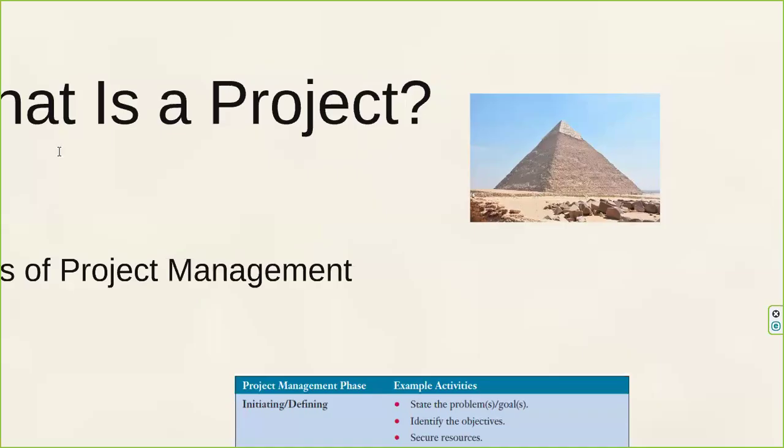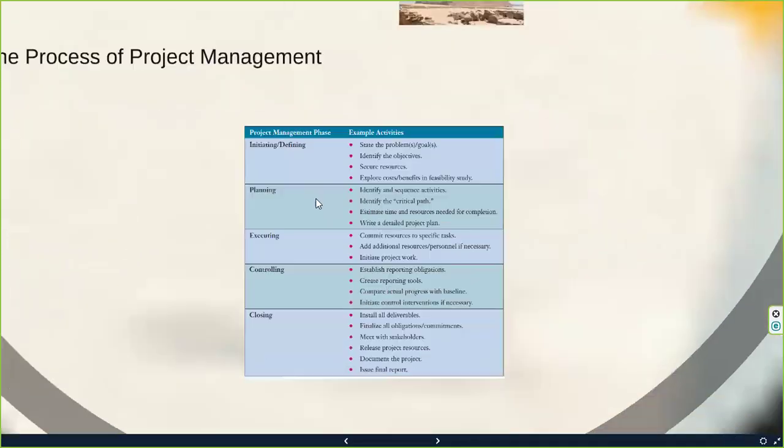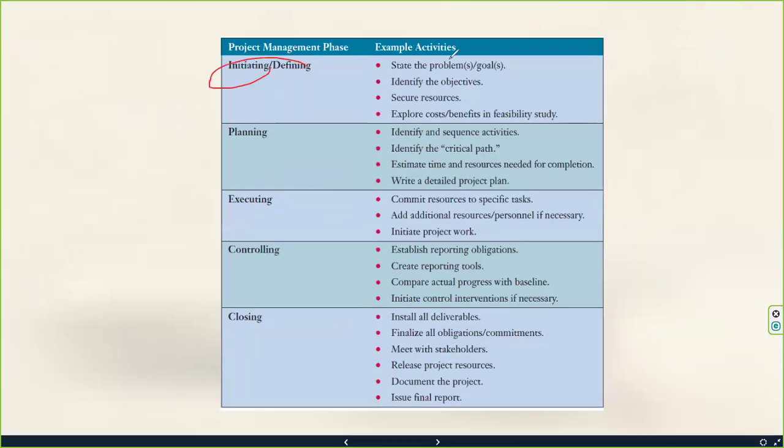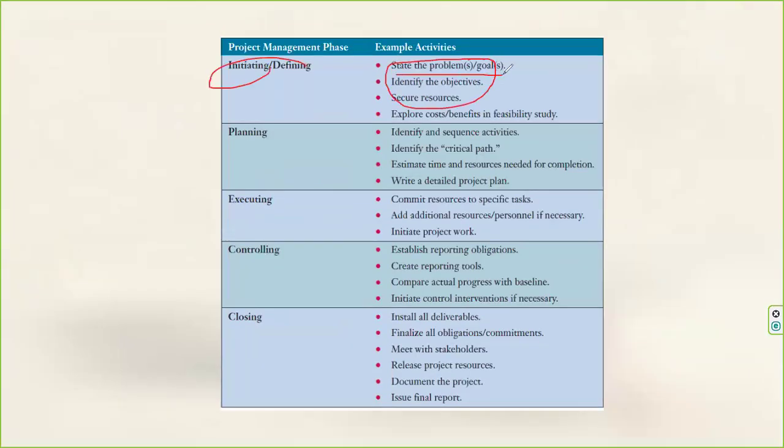Yes, sir. So in a project, first you have to do the definition, how the problems will be addressed. Then you identify the objective and the resources, do the planning, and then the execution, and then the controlling, where the project manager checks that everything is happening rightly as per your planning.